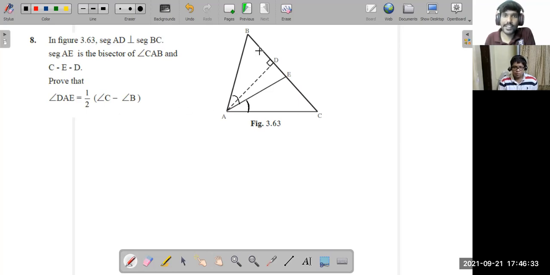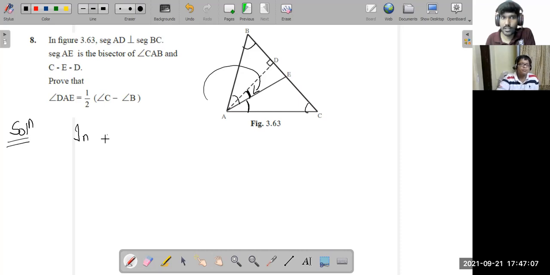You have to prove that angle DAE, this one, is half of angle C minus angle B. Is the question clear? What is given and what you have to do?